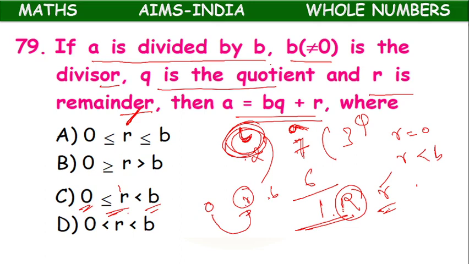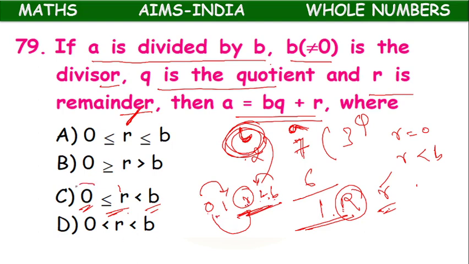Sometimes it may be equal to 0, or greater than 0 like 1, or less than B like 2. So the remainder is always greater than or equal to 0 and less than B, meaning it lies between 0 and B, but sometimes equal to 0.